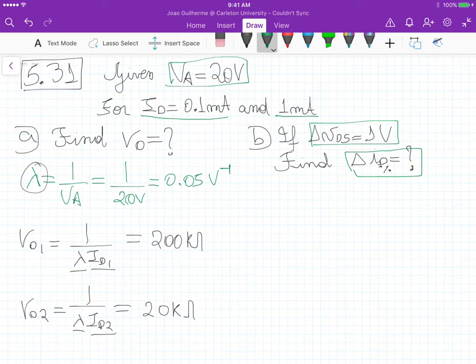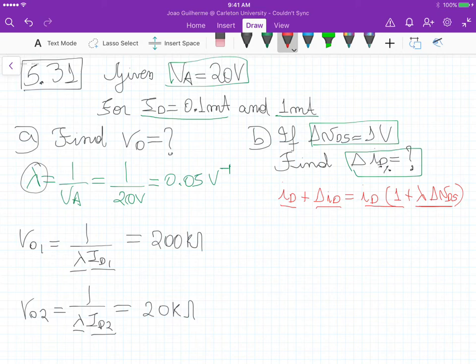So there's one equation that we can write: ID plus a change in ID is equal to ID times 1 plus lambda times the change in VDS. Okay, so we know our ID1, and then the change in ID would be proportional to ID times this change in VDS, right?